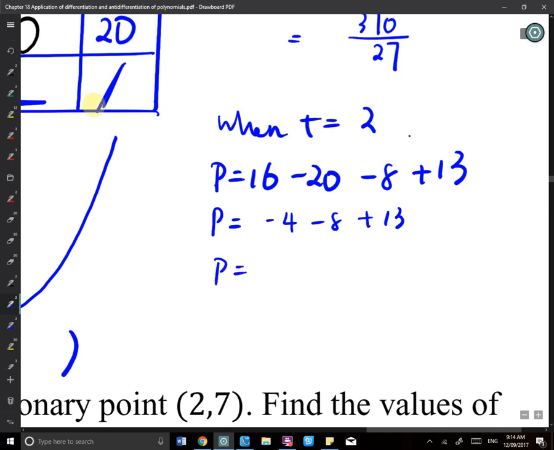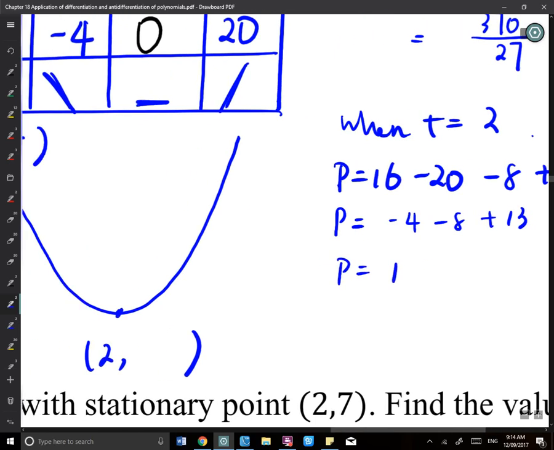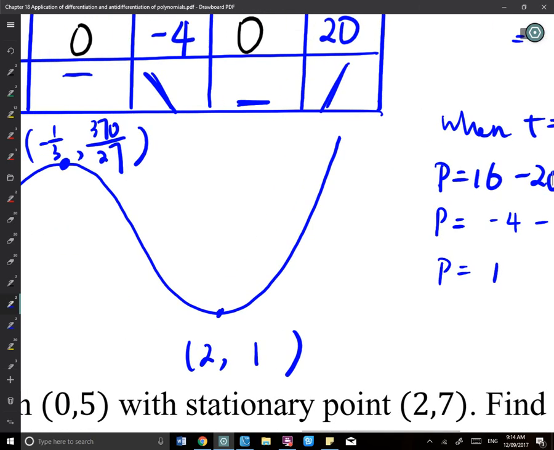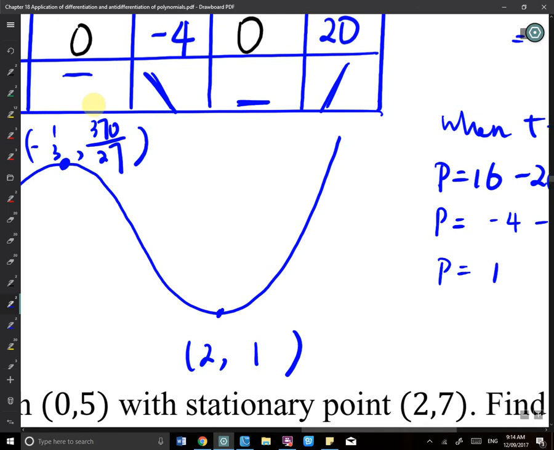P equals minus 12 plus 13, that's 1. So that's 2 and 1. That's the local minimum. So negative a third, 370 over 27, that's the local maximum. And 2, 1 is the local minimum.